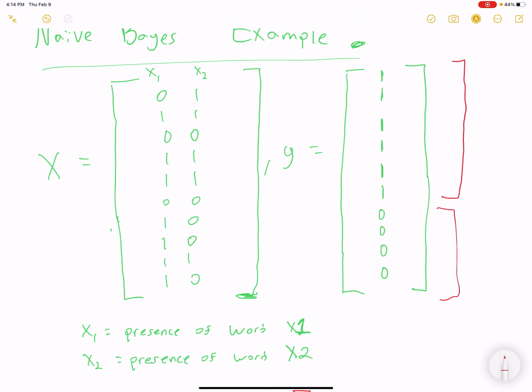For homework 3 in the coding section, you're going to do this procedure. You have your x and y data, and you compute each of these probabilities by looping through and only considering when y equals 0, counting how many times x1 is equal to 0 and how many times x1 is equal to 1 divided by the number of times where y is equal to 0 or 1.